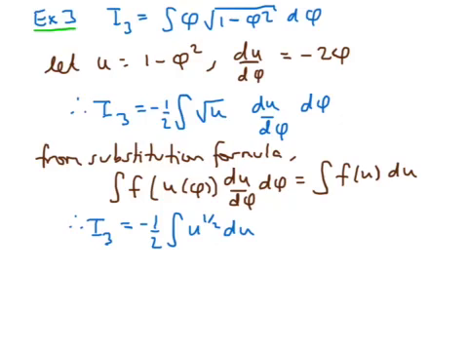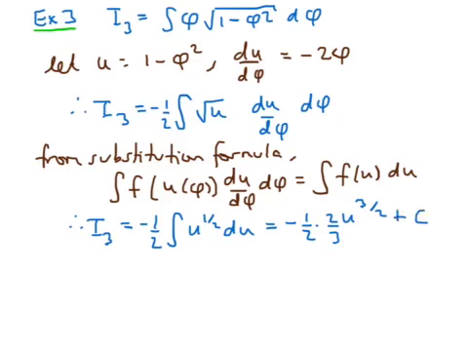So this is going to be, I add 1 to this power, so that becomes 3 halves. So I have minus a half. I'll leave a bit of a gap here. I'll write u to the 3 halves, that's my new power, and then I divide by the new power, so that means I put in a factor of 2/3. And then I add an integration constant.